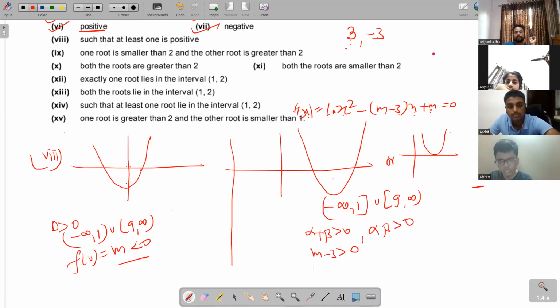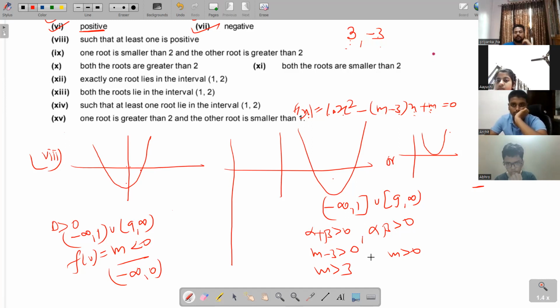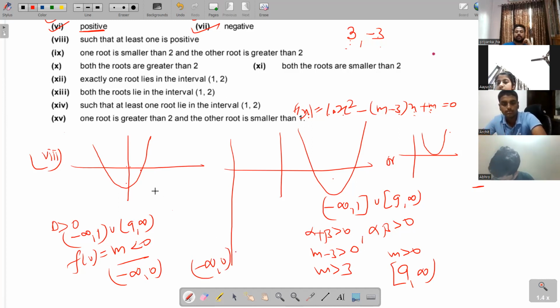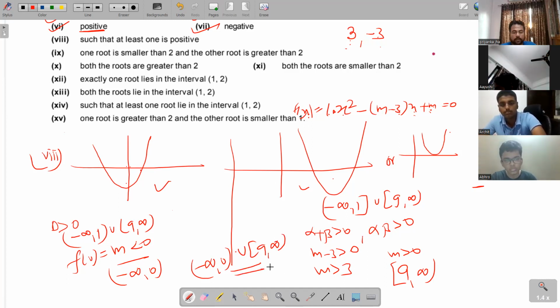So m minus 3 has to be positive. So m is greater than 3. And from here, m is positive. So the value of m can be minus infinity to 0. That is the most common thing. And from here, the value of m has to be 9 to infinity. So you just have to combine this. So minus infinity to 0, and then either this case can happen or this case can happen. So you just have to combine these two results. Understood?